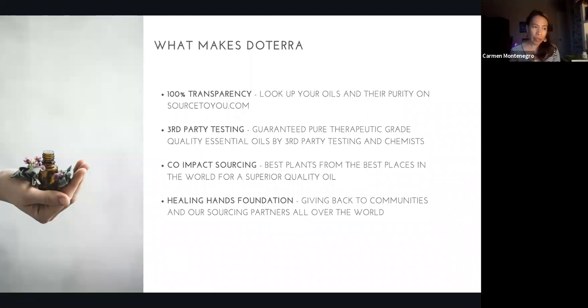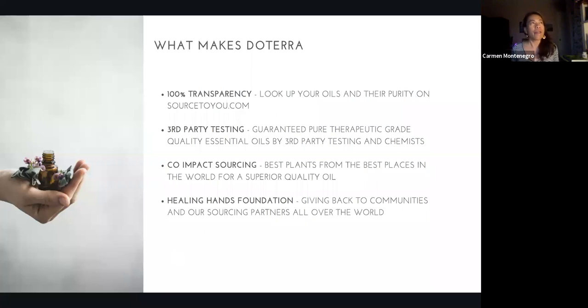When the owner of doTERRA went there and found that their problem was water, they even stopped harvesting vetiver. They gathered resources to provide water for the farmers, because their philosophy is that if we don't take care of the farmers, they won't be able to take care of the plant, and then we won't have any.